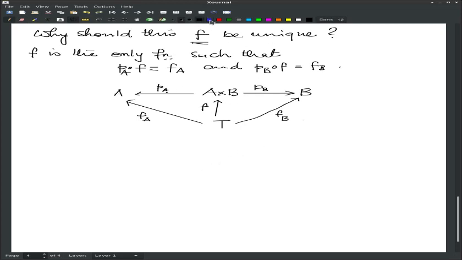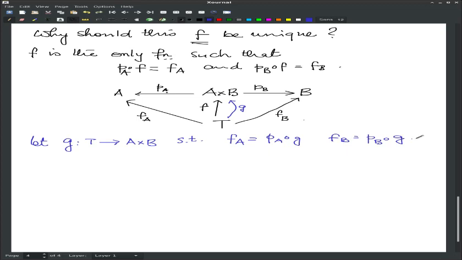So let, if possible, there be another function G such that FA is equal to PA composed G and FB is equal to PB composed G. So I have to show that F is equal to G. Now already you see F and G have the same domain and the codomain.